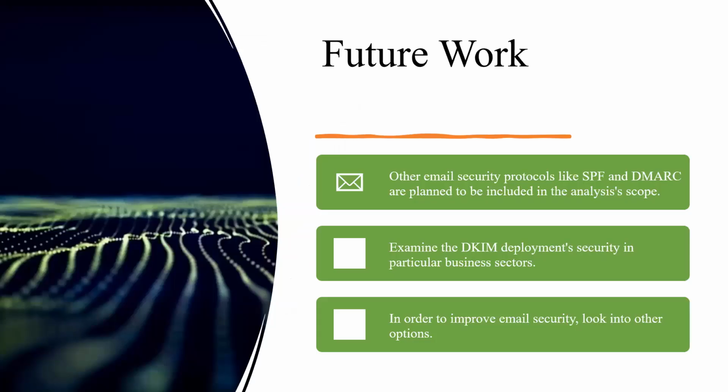Moving on to the next slide, the researchers have provided the future work: email security protocols like SPF and DMARC are planned to be included in the analysis scope, and also to examine the deployment security in particular business sectors.